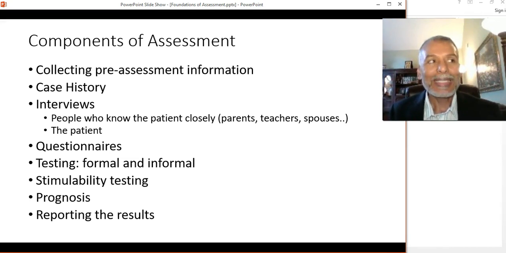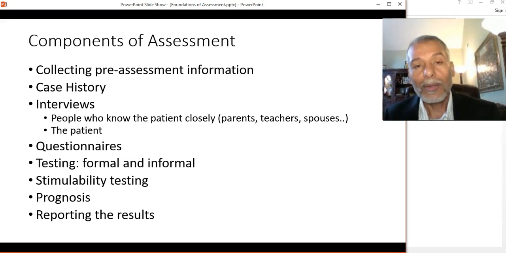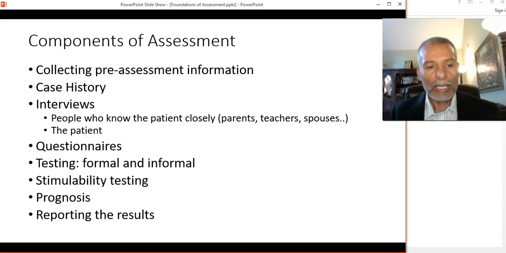So guarded means progress is going to be very hard to make, and it will not be as robust. That's in severe cases. Like someone had a stroke and the stroke is massive and it's affecting a lot of the functions and so on.